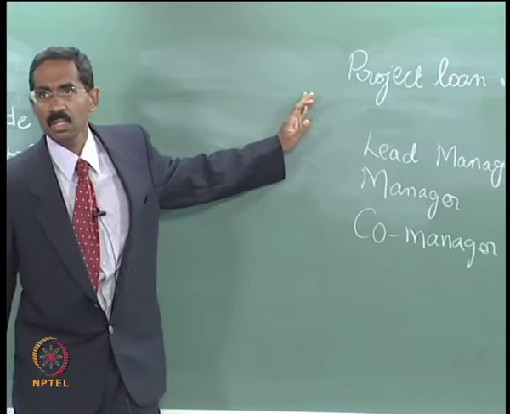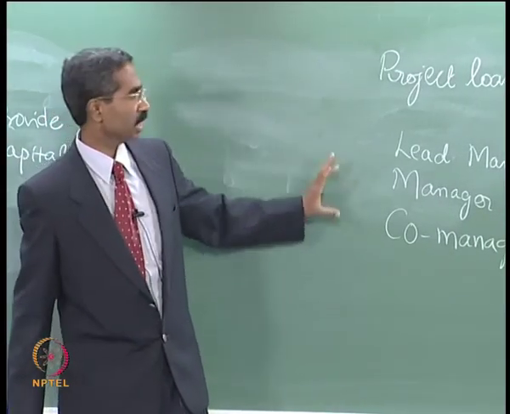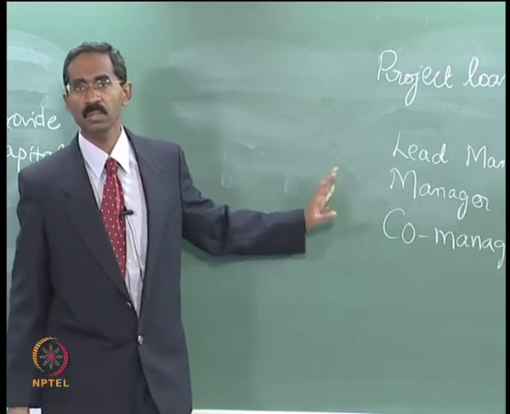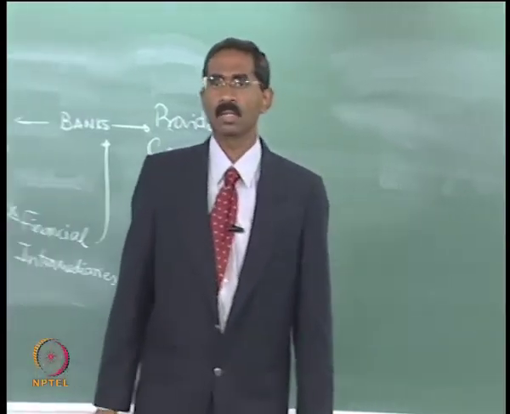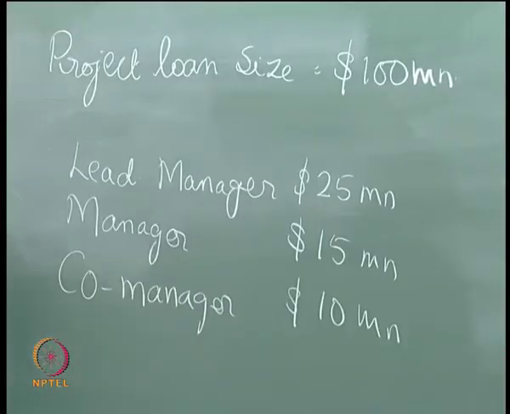So this title reflects the amount of commitment that the investors have made in the particular project. The more the commitment, the higher the title that you will be able to get.